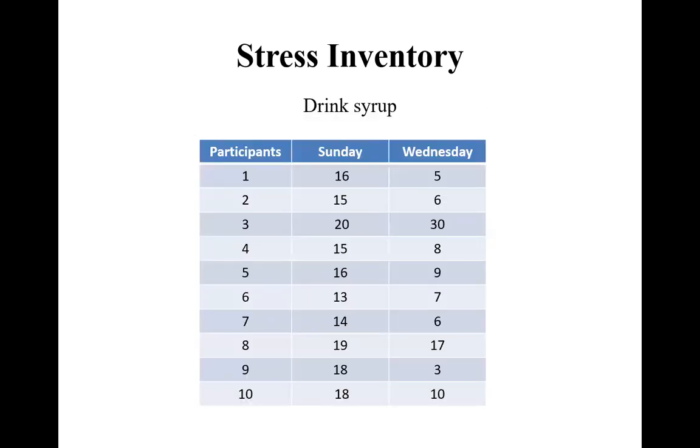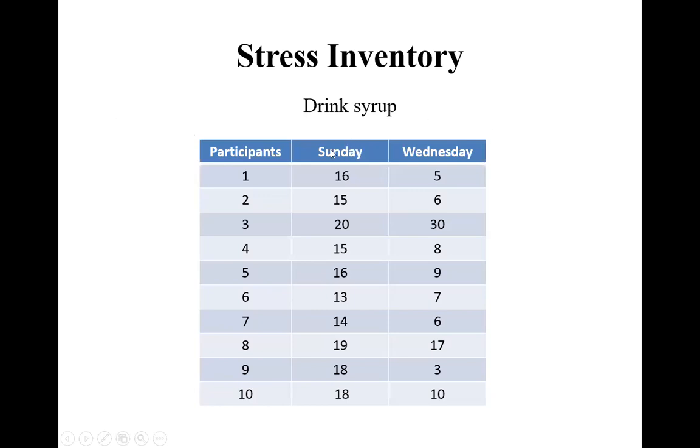The drug is syrup given to 10 patients for some days, Sunday, Monday, Tuesday, 3 days. After the 3 days of treatment, he measures whether the stress level decreased or not. So it's a case study of the Wilcoxon signed rank test.